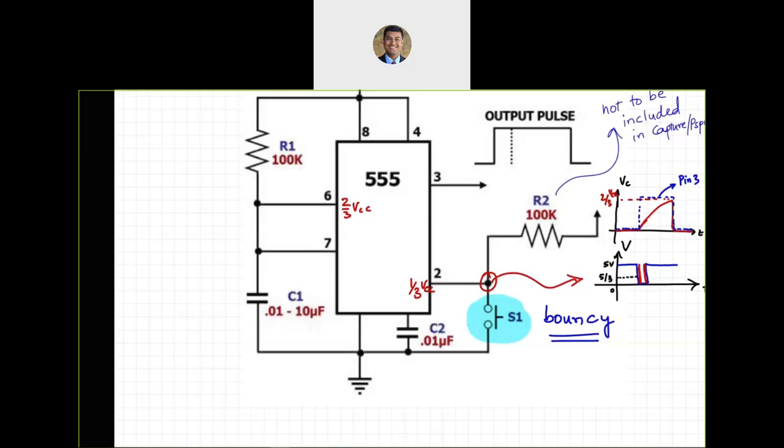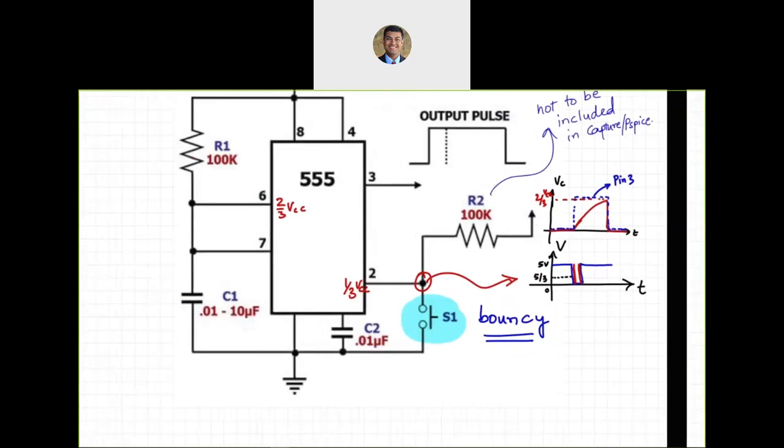Are we just analyzing the outputs at different pins? Well, you are analyzing the output at pin 2 and pin 3. So pin 2 and pin 3 are the most crucial. And if you are interested in looking at voltages at pin 6 or 7, you can do that as well, which should look like 0, charges up to 2/3, goes back down, and so on. So the one that is highlighted in red in this plot.